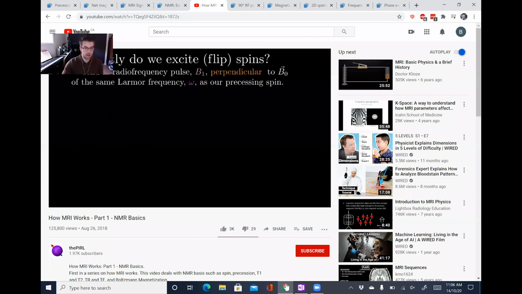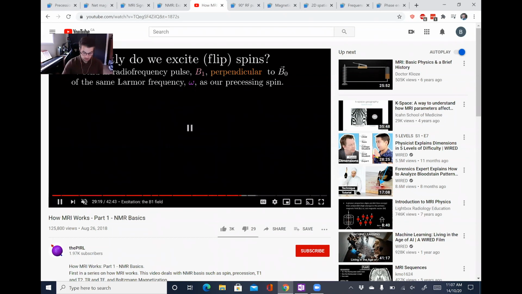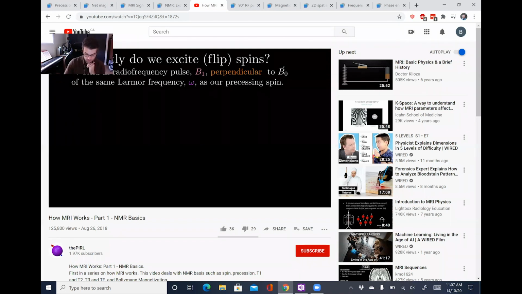Hopefully it works okay over Zoom. It looks like it is on my screen, so hopefully the same for you. Don't really need to worry about the text so much. I think I need to go forward a little bit. All right, great.